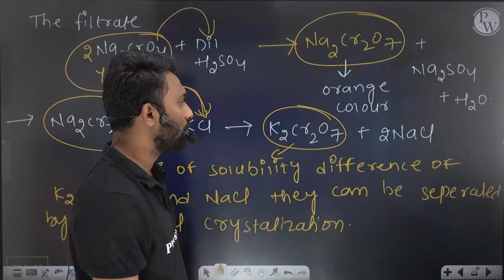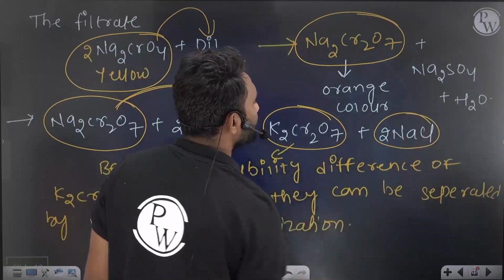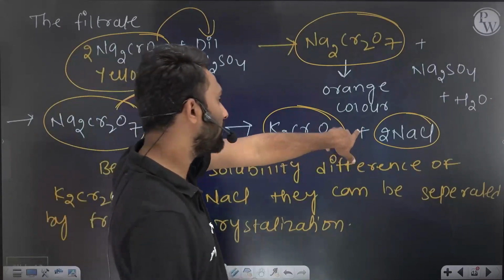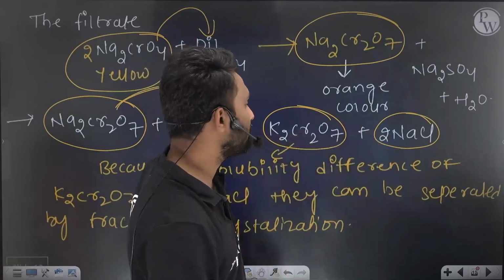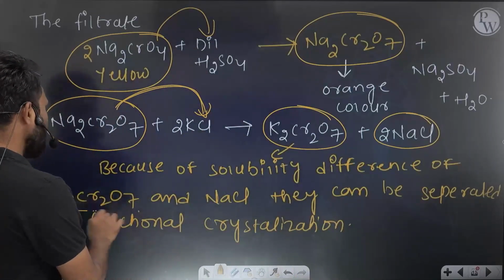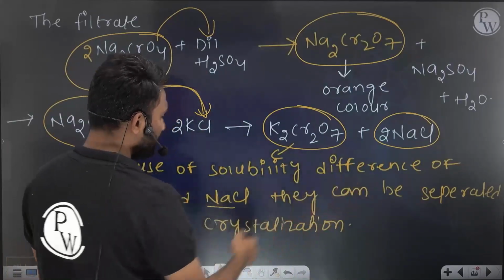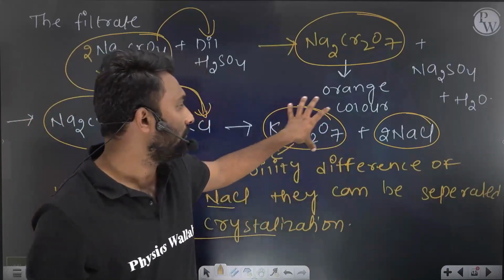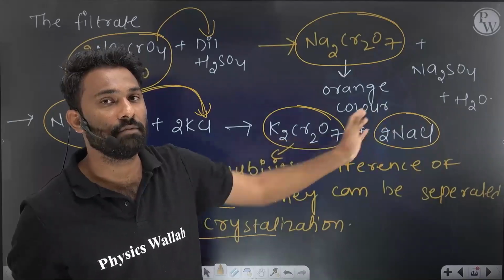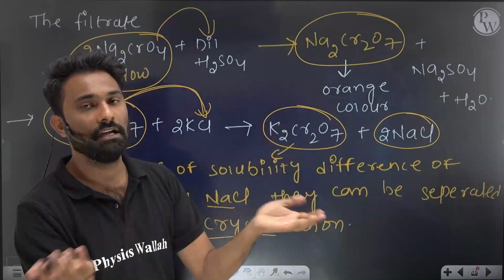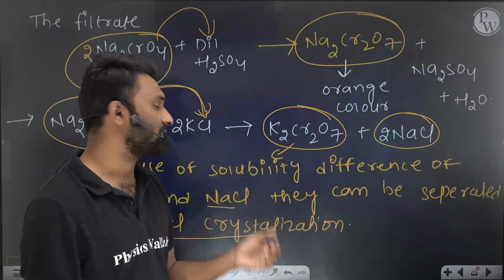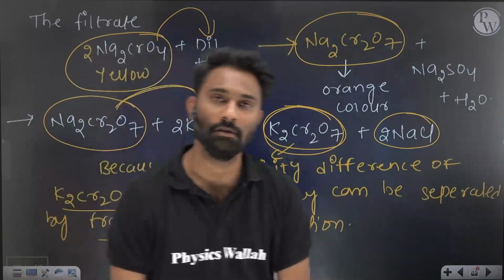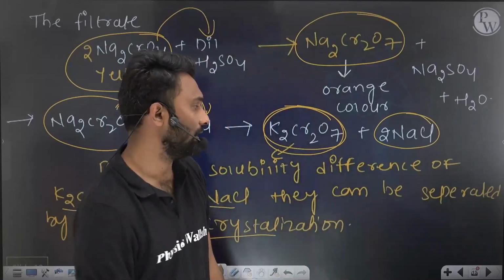Potassium dichromate and NaCl. Look here, because of the solubility difference between potassium dichromate and NaCl, they can be separated by fractional crystallization. By this we separate the NaCl, which is a salt. We separate the salt and potassium dichromate by fractional crystallization. By this we get the potassium dichromate. Okay, next.